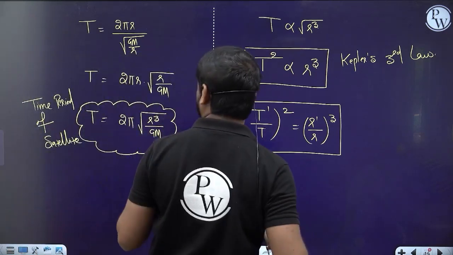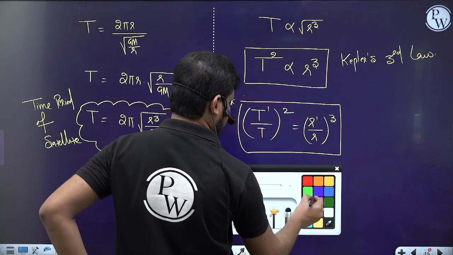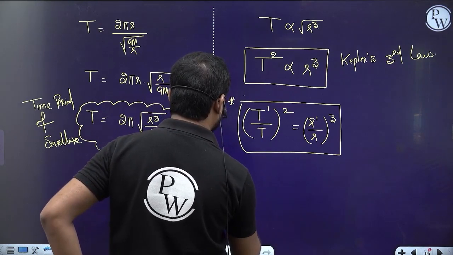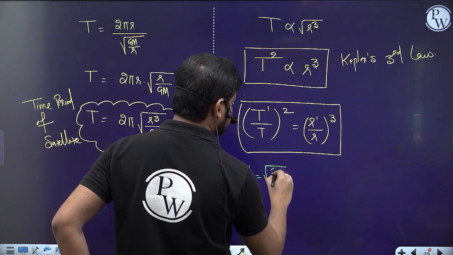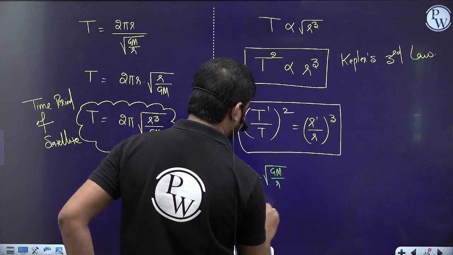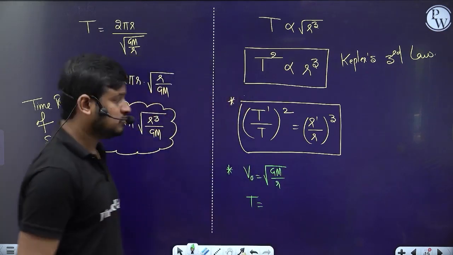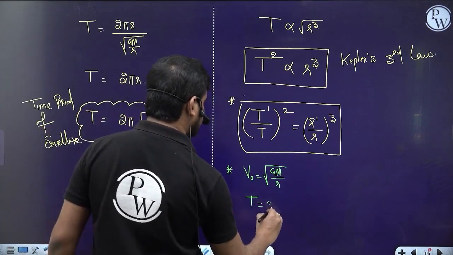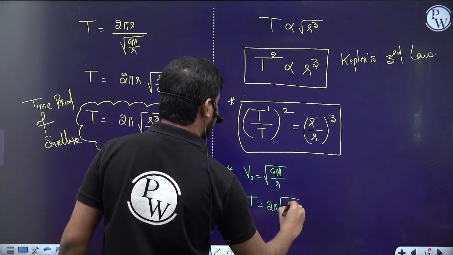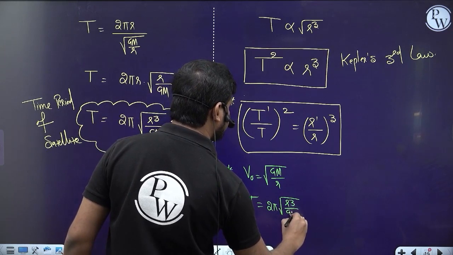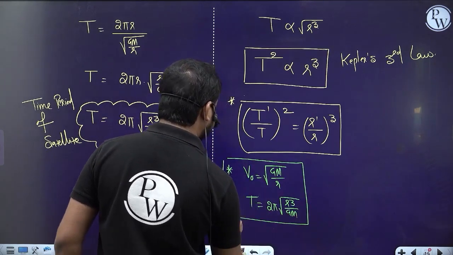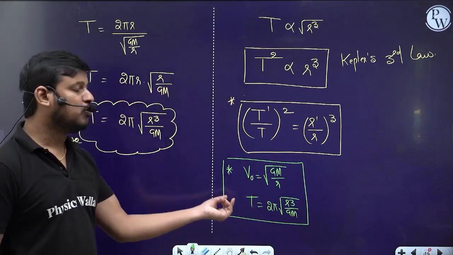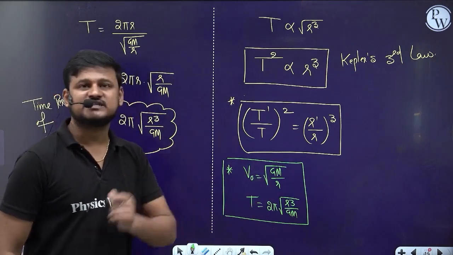And one more thing. Let me tell you one more theory question also. We have got orbital speed equal to root over GM by r, and time period equal to 2 pi into root over r cube by GM. If you observe, the orbital speed and the time period of the satellite both are independent of the mass of the satellite.